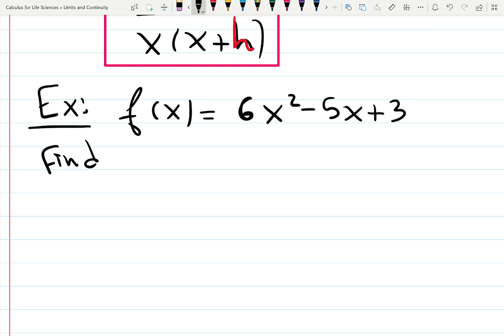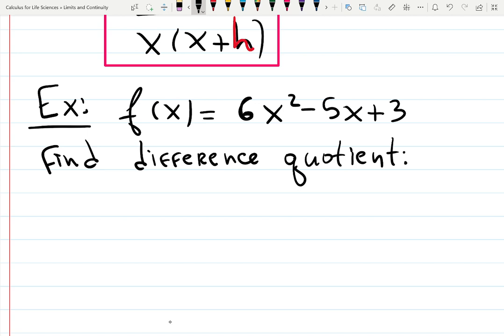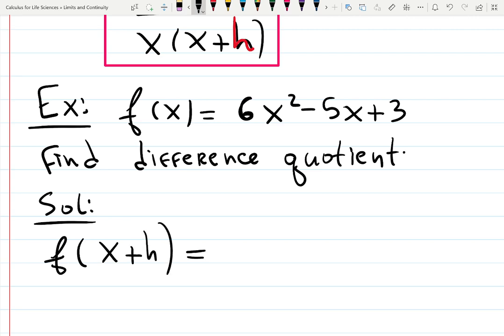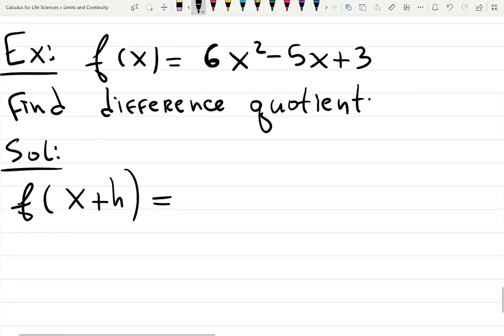Find the difference quotient. So we know the formula and now we know the steps. Solution. Step 1. Let's find f of x plus h. Let's see if you understood the idea with plugging love.